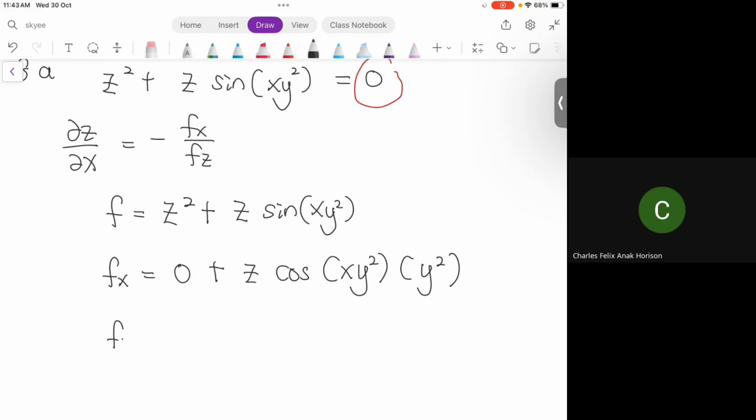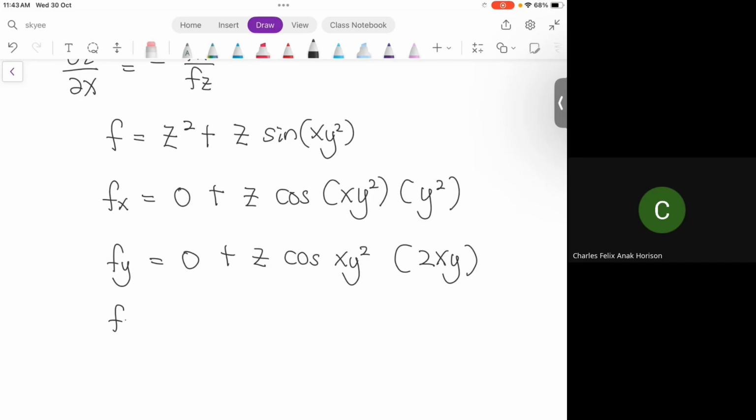We'll do the fy, because later on we will use it for the del z del y. fy, so this is still 0. Now differentiate with respect to y, so you will have 2xy.